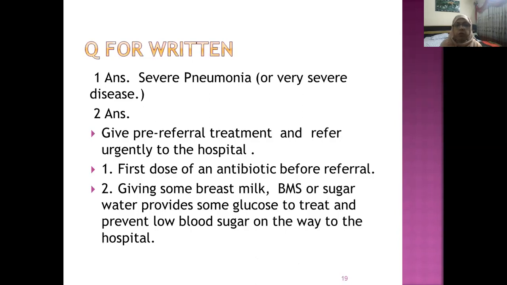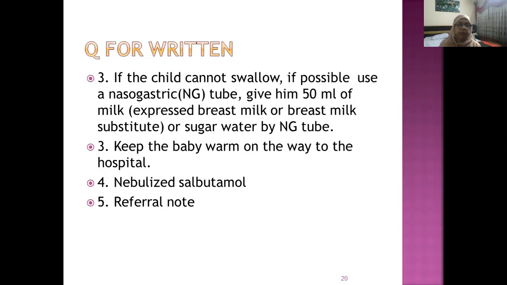If the baby cannot drink or breastfeed directly from the breast, then you have to give a nasogastric tube and try to feed the baby with the nasogastric tube to prevent hypoglycemia on the way to the hospital. If the child cannot swallow, as I have told, and keep the baby warm on the way to the hospital to prevent hypothermia.